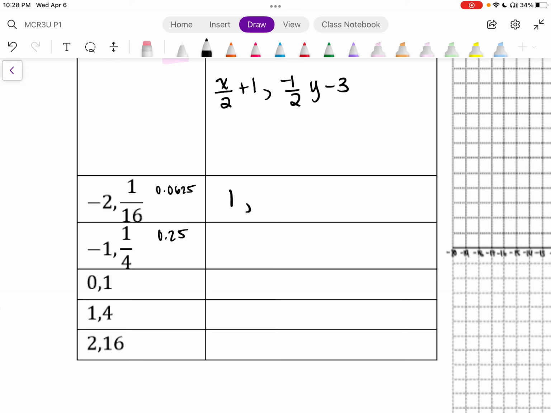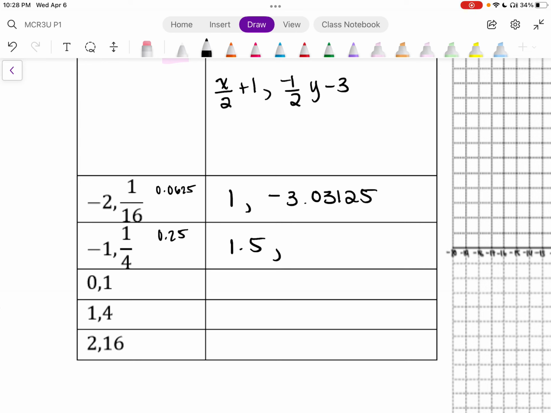I'm just going to write the points in here to save myself the trouble, but you understand where it's coming from, right? Then I plug in y: negative 1 over 2 times 1 over 16, minus 3, and I did this as a decimal because it made it easier. So it's negative 3.03125. Here I take negative 1 divided by 2 plus 1, which gives me 1.5.